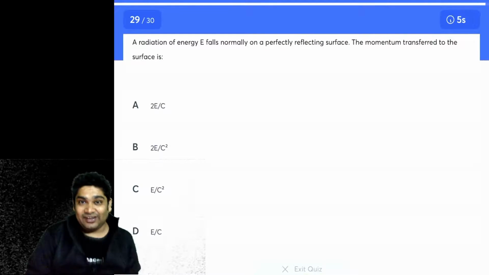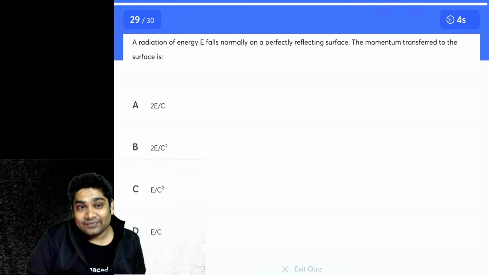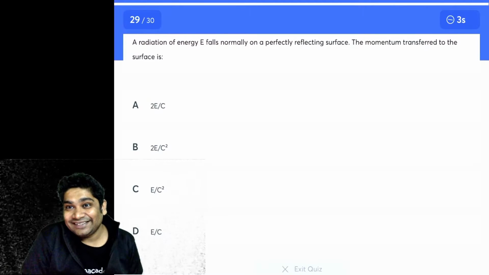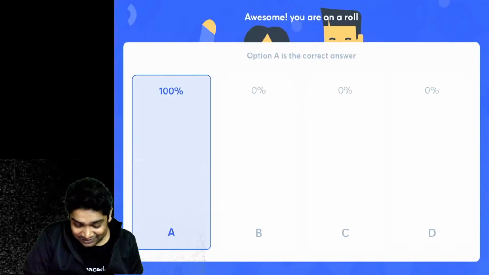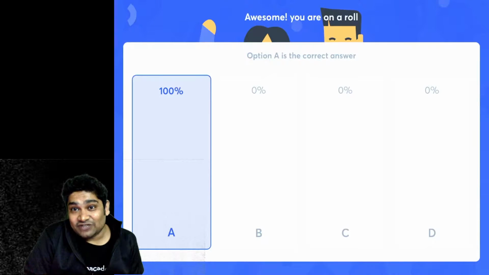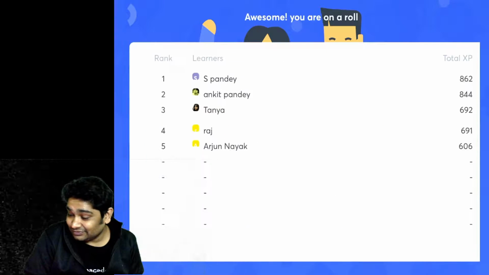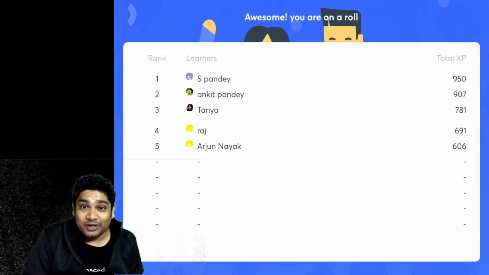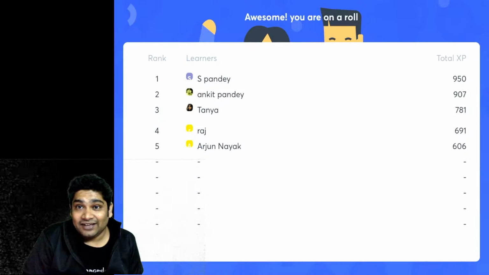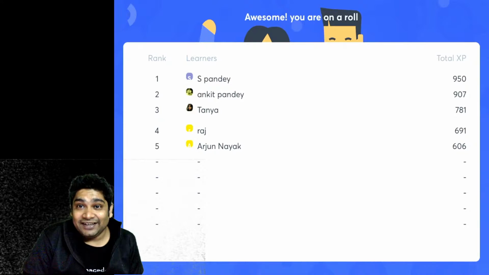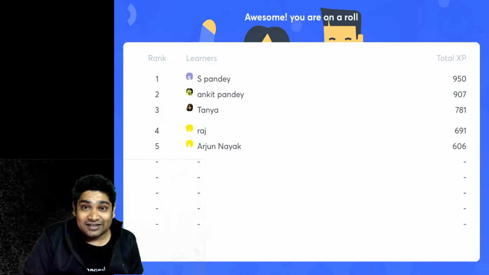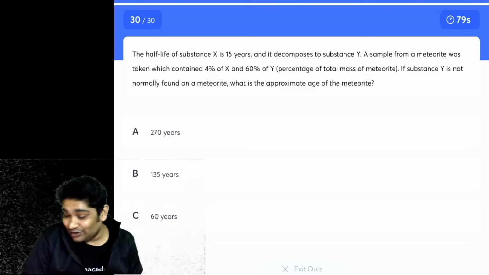Soon enough, we will find out how you guys did. Okay, all right, let's see. So congratulations, 100% correct answers. Very well done, people. Impressive. All you guys got this correct. Very well done. Raj Pandey maintaining the lead. Ankit Pandey very close. Now is your last chance to get to the top of the leaderboard.